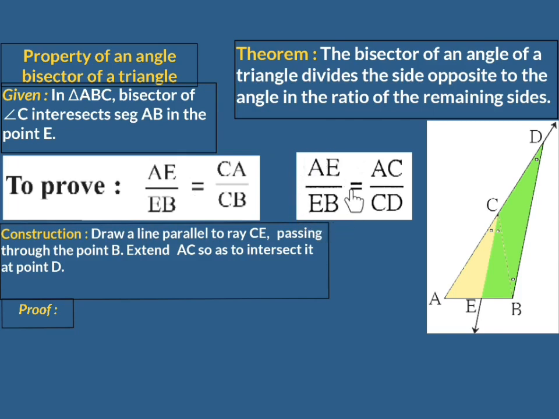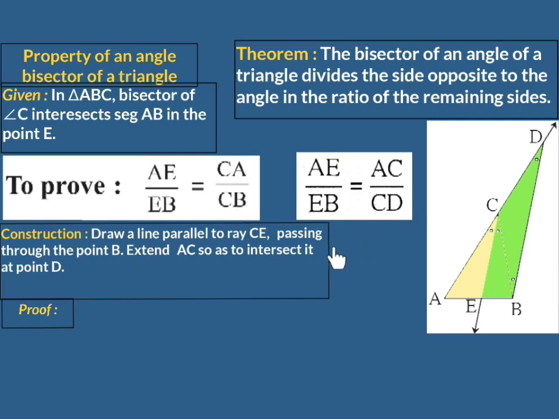The numerator is CA, and here also AC is nothing but CA. These numerators are the same. Here the denominator is CB, and here the denominator is CD. The only difference between the two is the denominator, that is BC and CD.